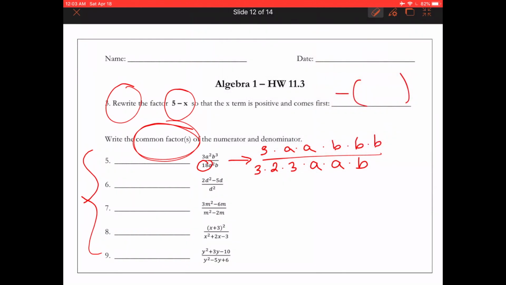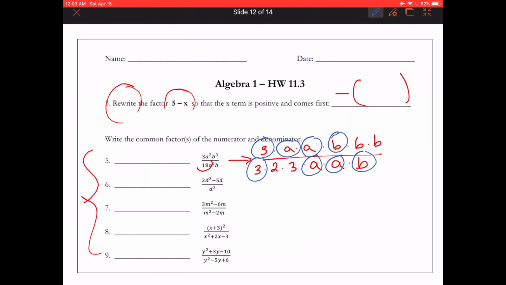So if you guys really were to tell me what the common factors are there, they share a 3, they share an A, they share another A, and they share a B. So your answer for number 5, the common factors would be 3A squared B. So don't give me the simplified version for 5 through 9. Just tell me what the common factor is.